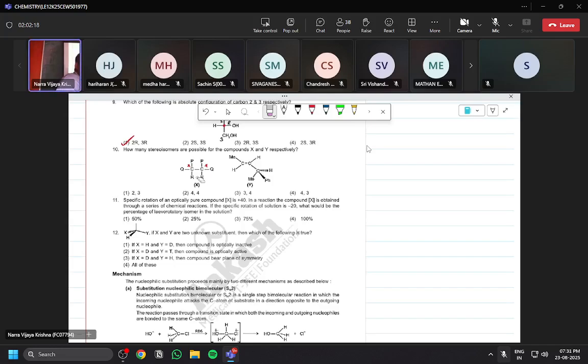Number of stereoisomers equals 2 power n minus 1 plus 2 power n by 2 minus 1, if it is even.